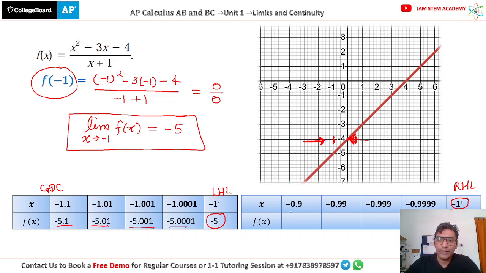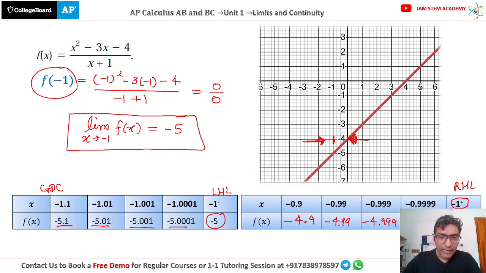Okay, so here if you substitute these values in your GDC, you can find the value of the function. That comes out as negative 4.9, negative 4.99, negative 4.999, and here you can see my answer is tending towards negative 5.